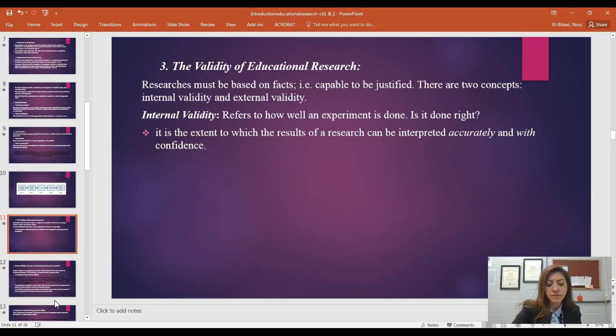So when you talk about the data collection and you say, I am going to interview people, if you just say this, then there's a very big component of internal validity missing, because you really want to give me minute details on who you are interviewing, how you are basing this decision of who you are interviewing, and why you are excluding others, and how you are actually going to interview.